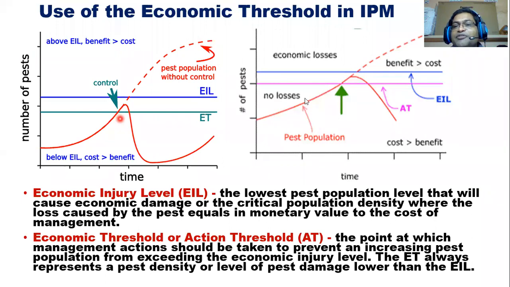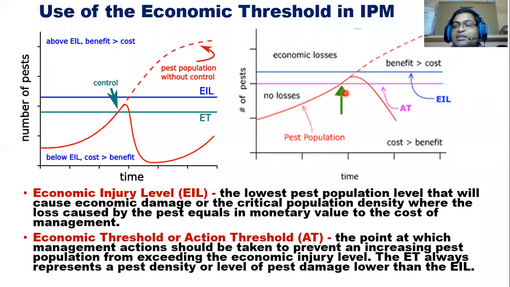The second graph, if you compare the first and second, shows the green arrow where you have to take management action by using one of the several tactics indicated in integrated pest management.